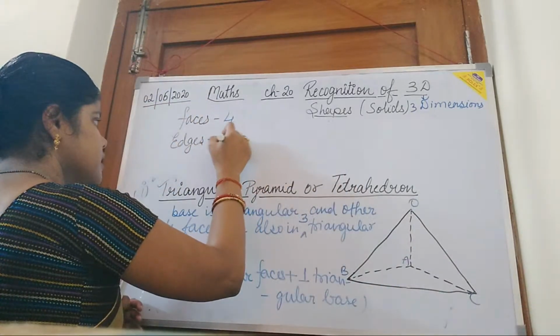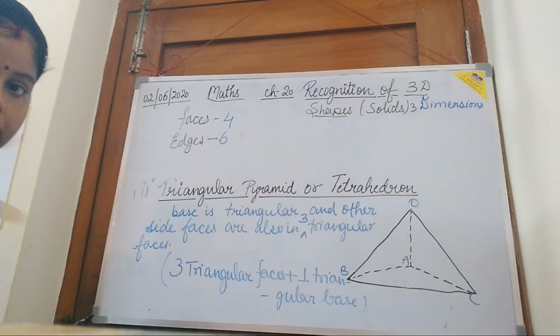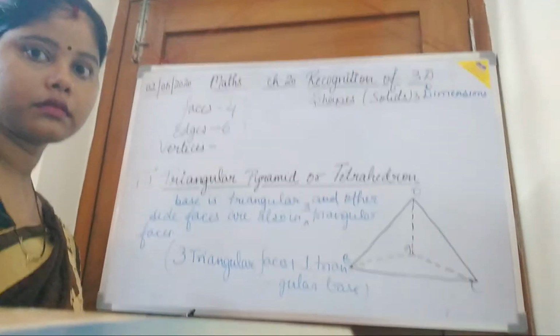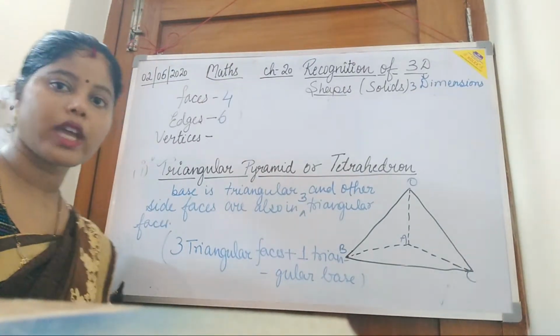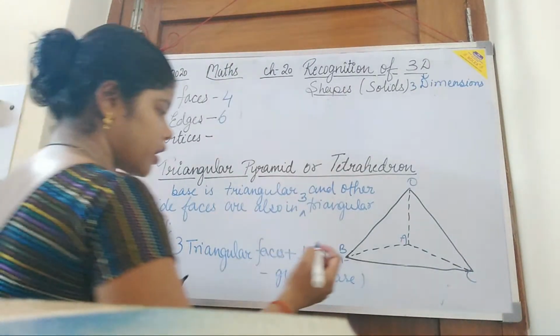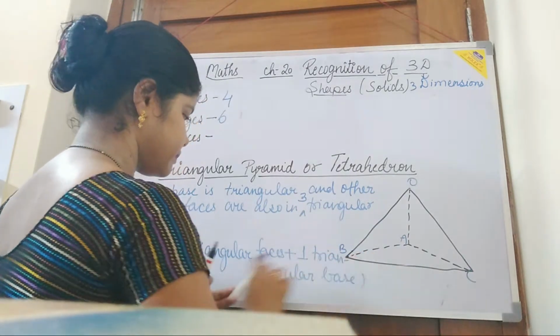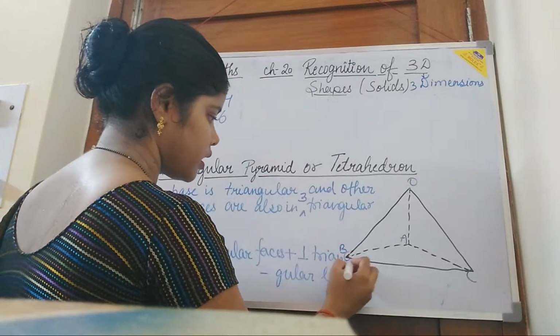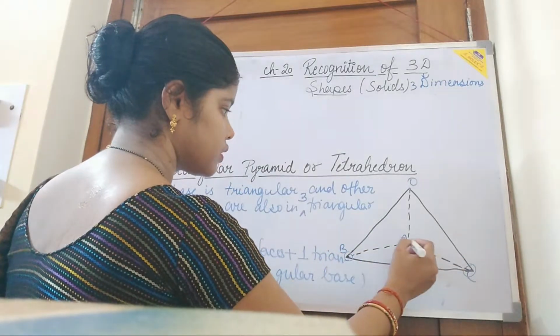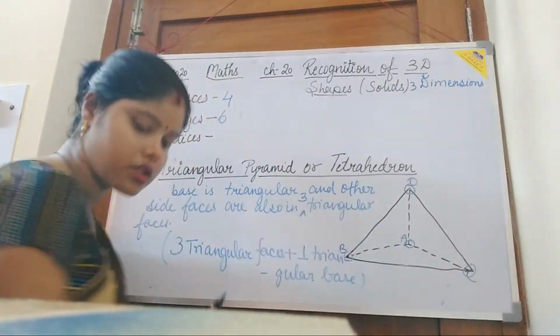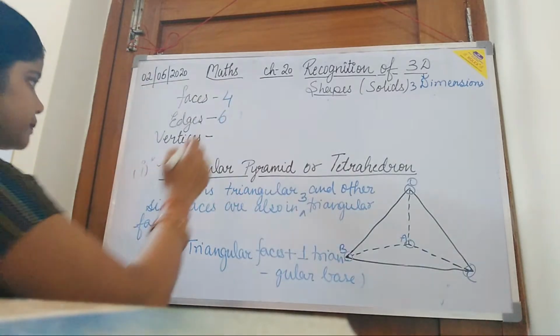So edges are 6, and vertices. For vertices we count its corners where all the 3 edges meet. 1, 2, 3, 4. So how many vertices? 4.